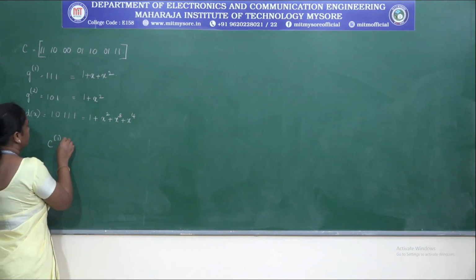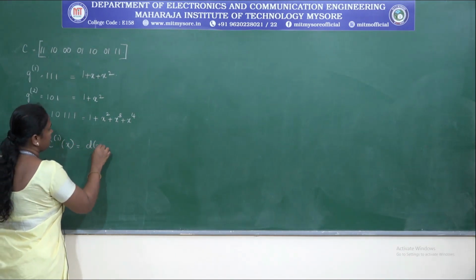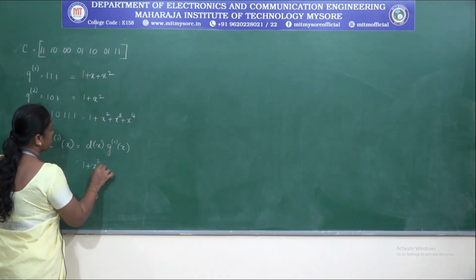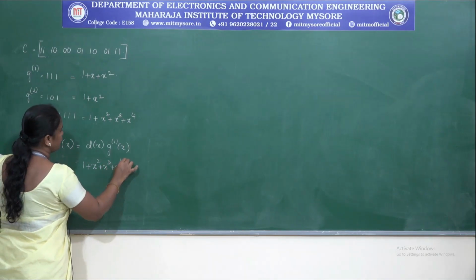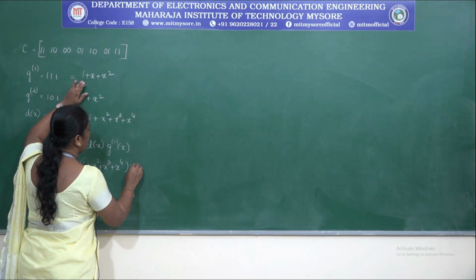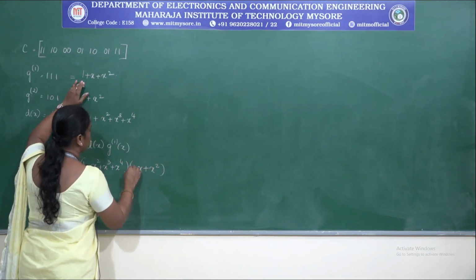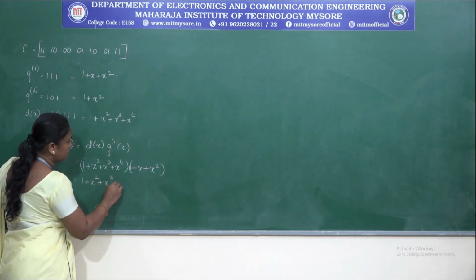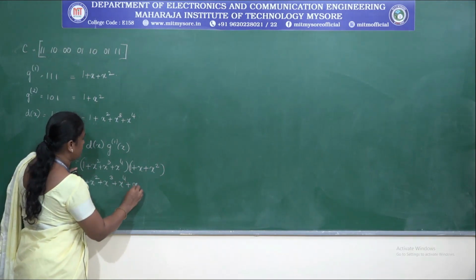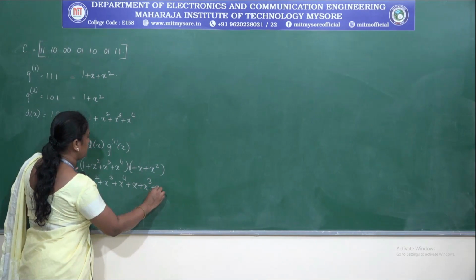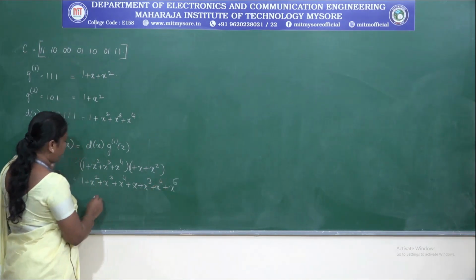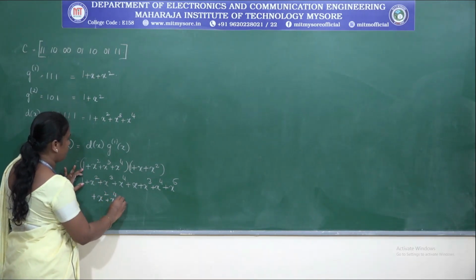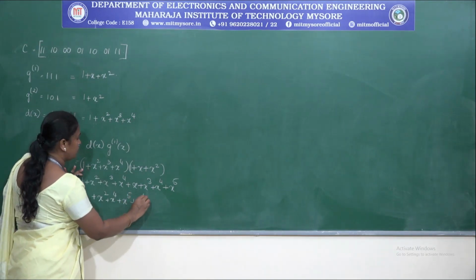First we need to find C1 of x equal to d of x into g1 of x. d of x is 1 plus x square plus x3 plus x4, into g1 of x, which is 1 plus x square. So this equals 1 plus x square plus x3 plus x4 plus x plus x3 plus x4 plus x5 plus x square plus x4 plus x5 plus x6.